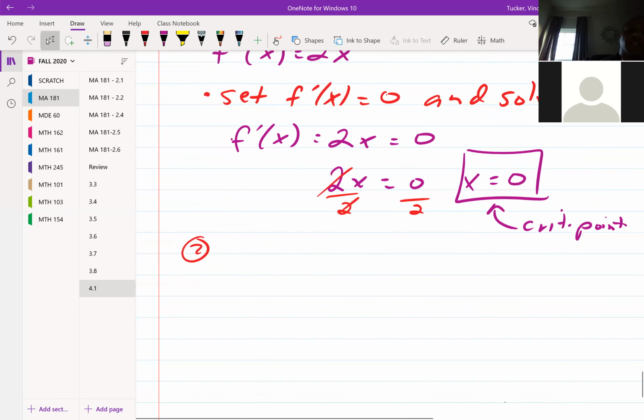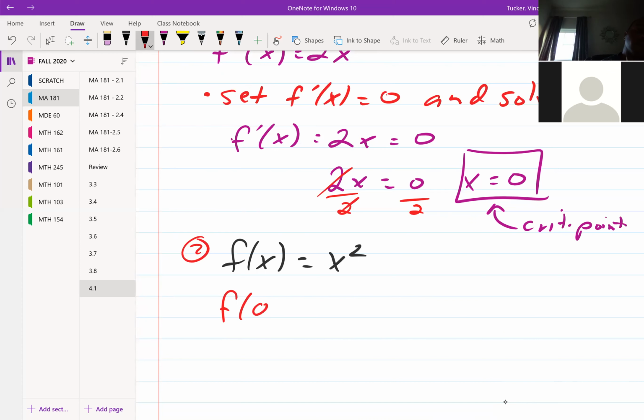Remember f of x is x squared, so we're going to plug in our critical point and our endpoints. I think we had -2, 1. Yep.